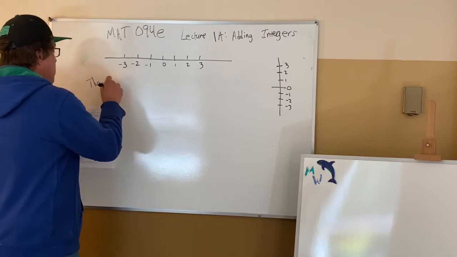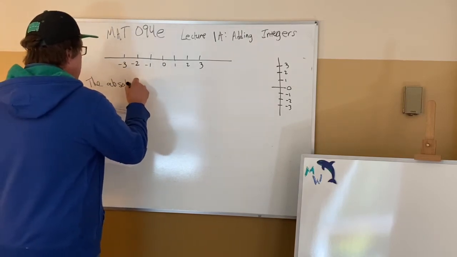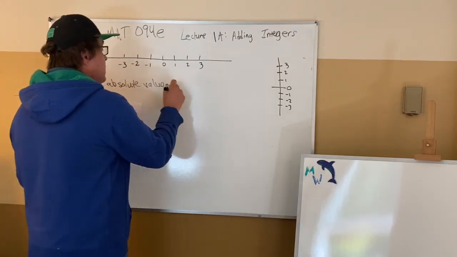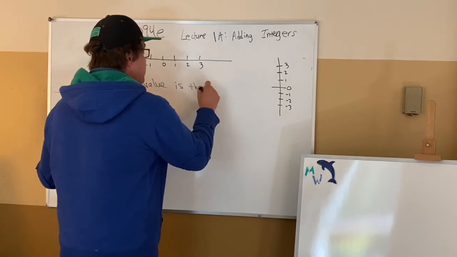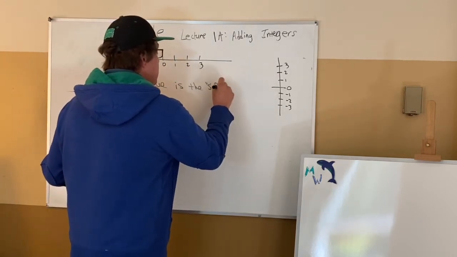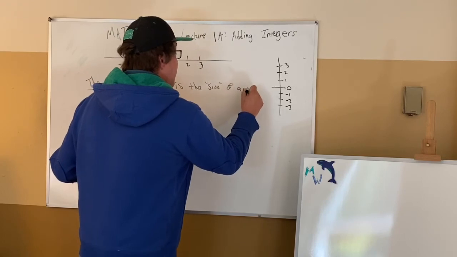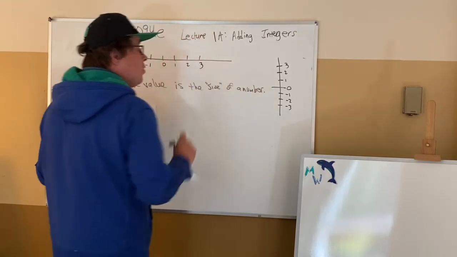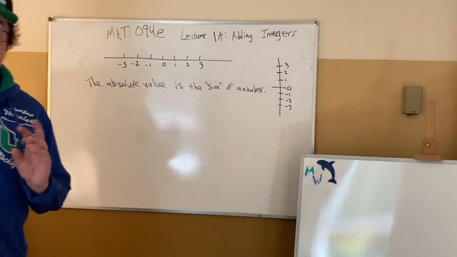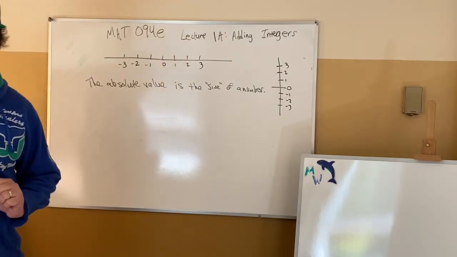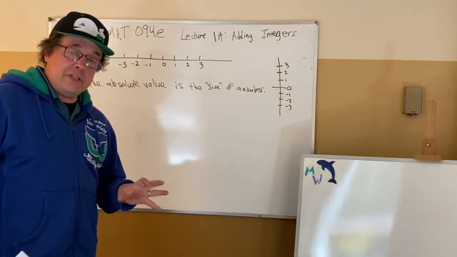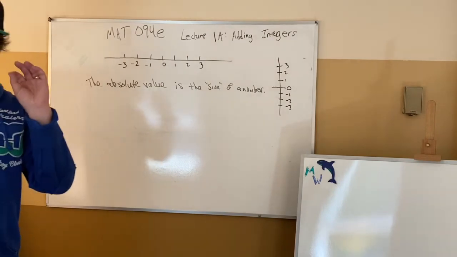The absolute value of a number is the size of a number. I'm not going to write it. I'm going to say it fast. I don't want you writing it down. The absolute value of a number is the value of a number without regard to sign, which means give me the digits.